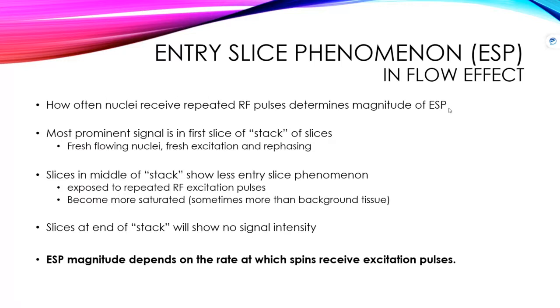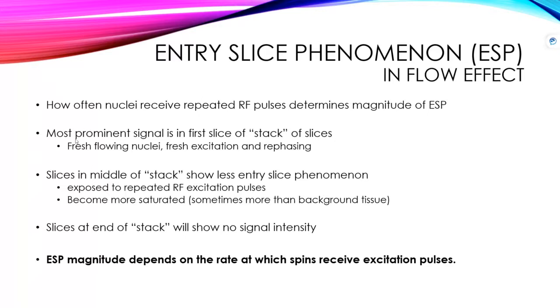So the top vessel on figure 6.5 shows the direction of the spin moving into the slices from left to right. Whereas on the bottom vessel, the spin is actually going from right to left.